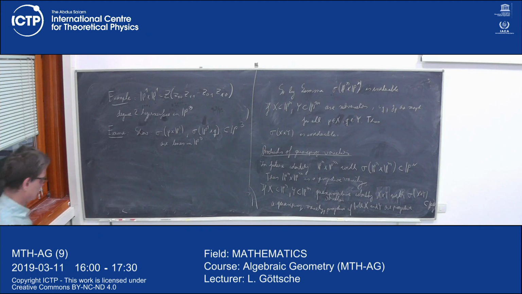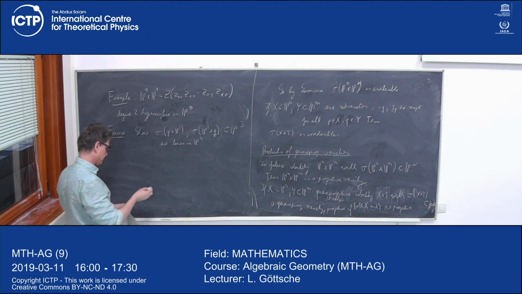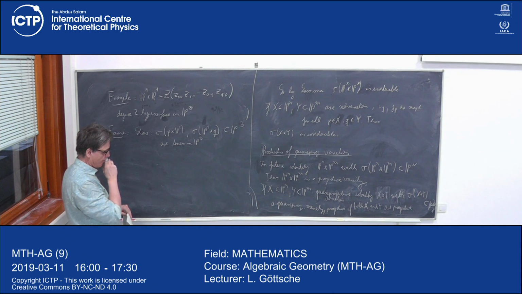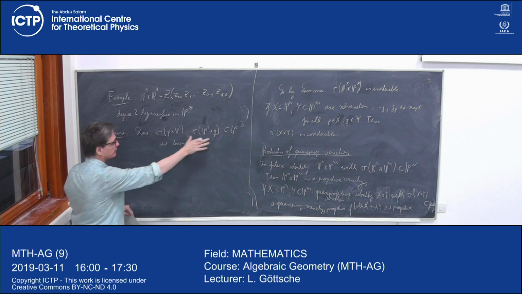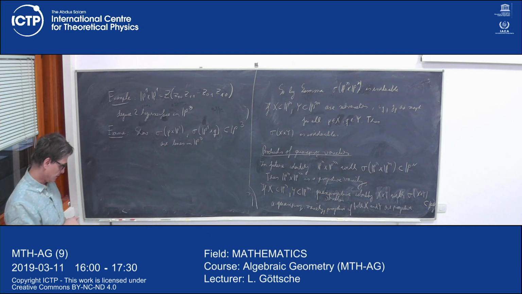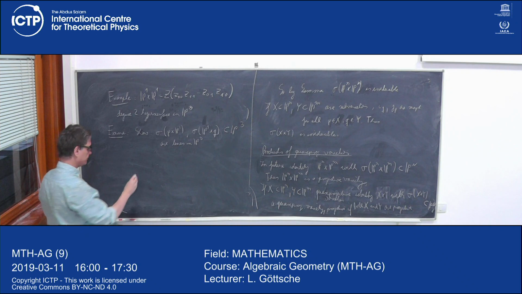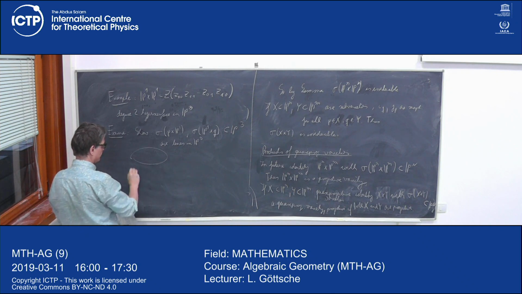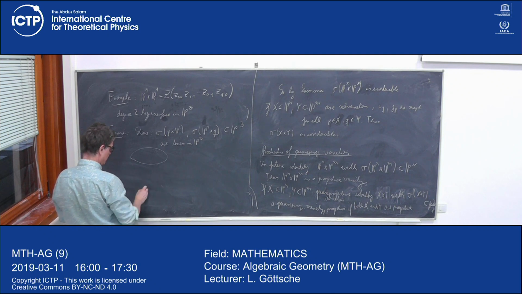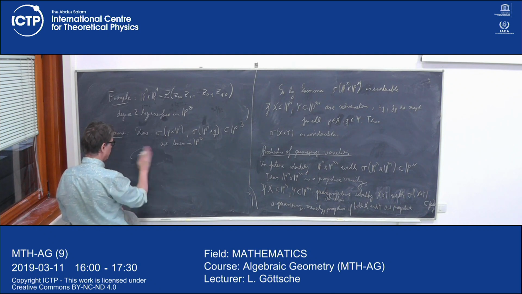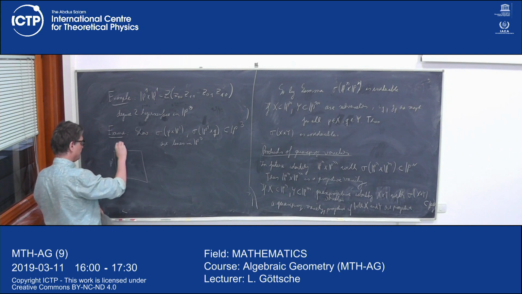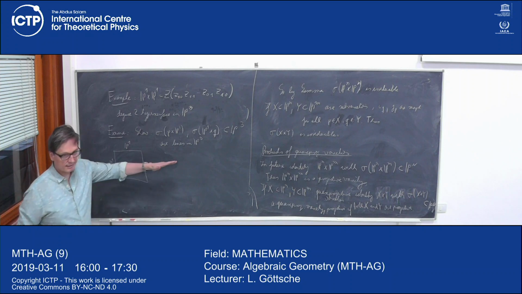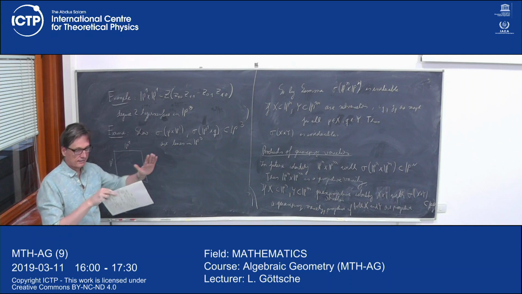So you have some kind of picture. This thing has two different families of lines. If you make some kind of picture, you start with something like this: you have P1 and P1, and now it's embedded in P3, and there you can still see the lines.